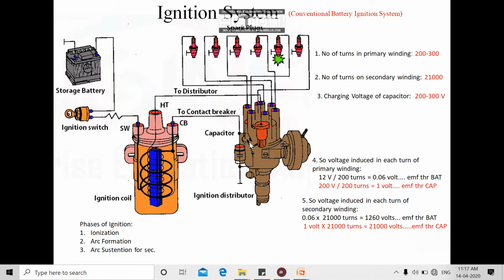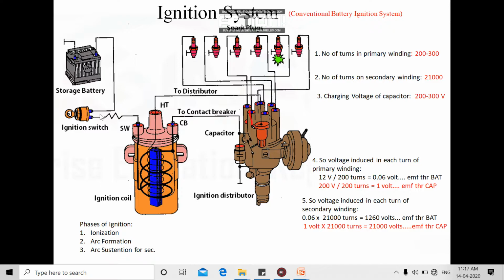As I told you, whenever the contact breaks, at that time the needle of this rotor is making contact with one of the leads coming from the respective cylinder. Imagine, as the diagram also shows, the needle of this rotor is making contact with the lead of this cylinder and the contact is open, and at that time the notch present on the bottom of the rotor pushes the push end of the contact breaker, so that's why the contact breaks.